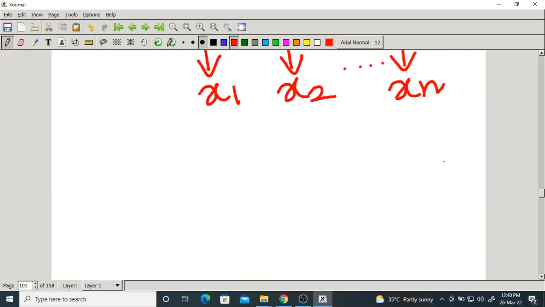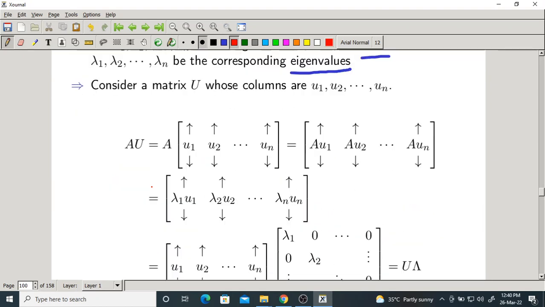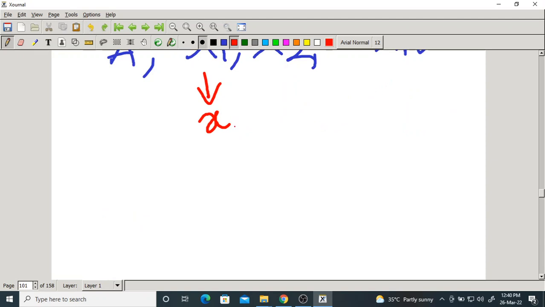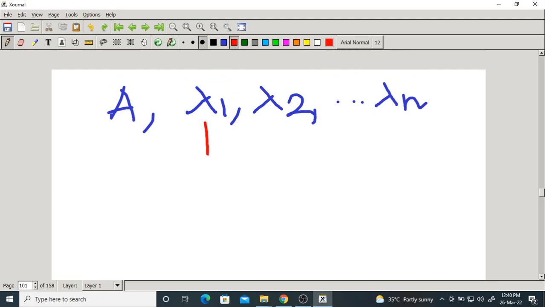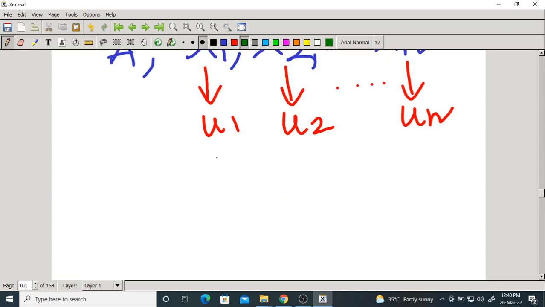Now we are defining a matrix U whose columns are, okay, I told you to write it differently. They are calling these U1, U2. No problem, let me write this. The corresponding eigenvectors are U1, U2, so on, Un. These are eigenvectors.